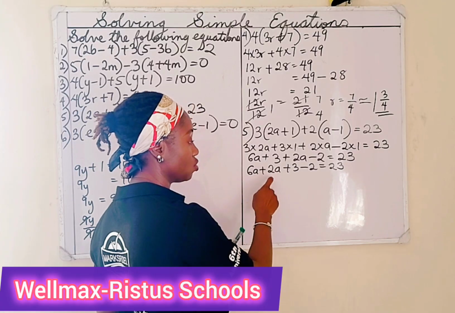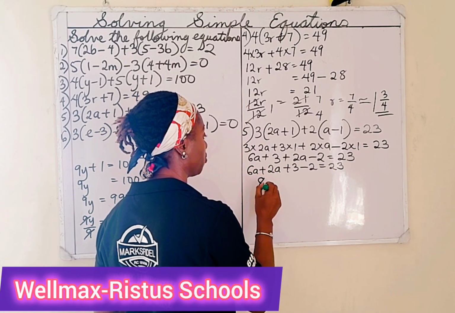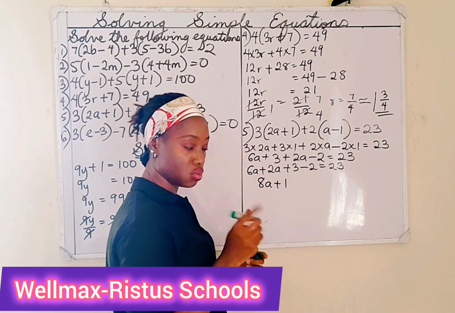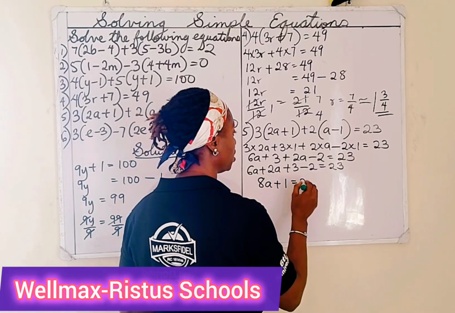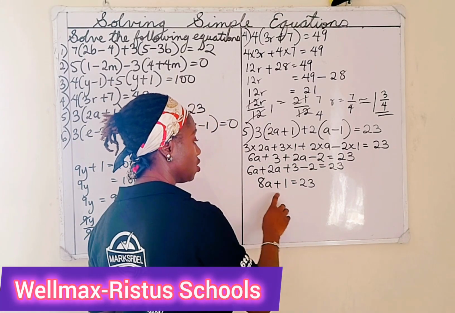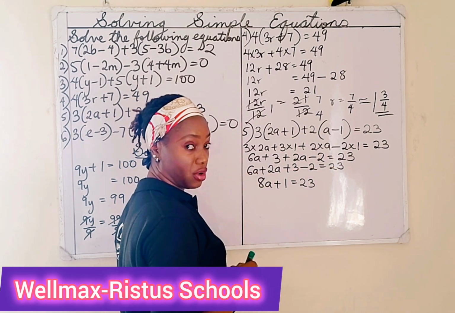Now 6a plus 2a equals 8a, plus 3 minus 2 equals plus 1. We are subtracting, then we take the sign of the bigger number, equals 23. Then from here, plus 1 has to move to the other side so I can get the answer for a.